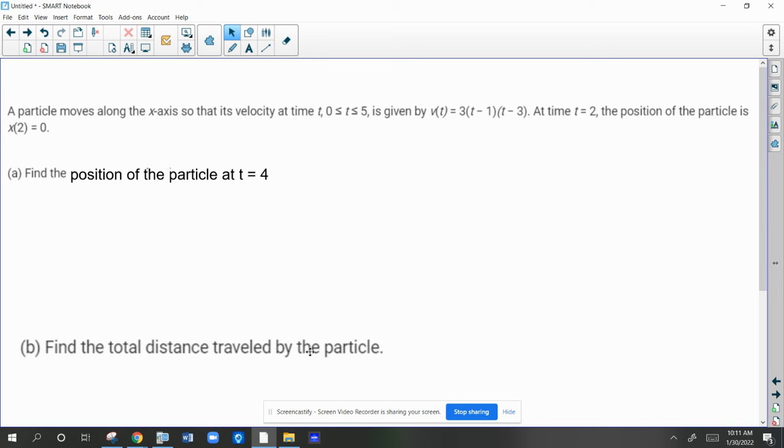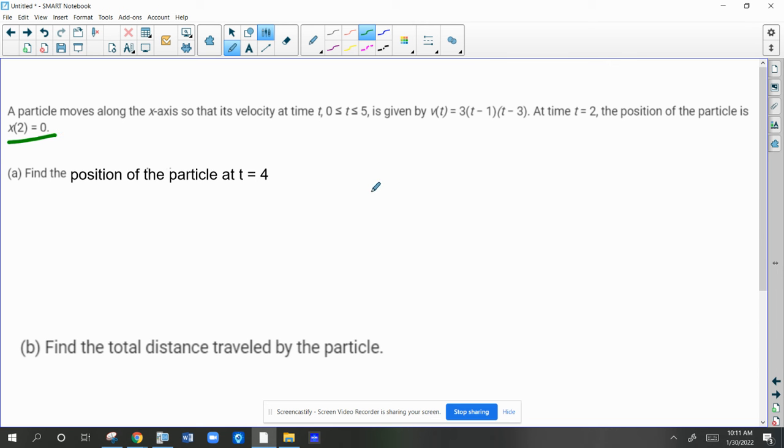So the position that a particle ends up at, you have to figure out where it starts, that should be given, and the net distance it goes through. In this particular problem, it starts at position 0 when t equals 2, according to this.